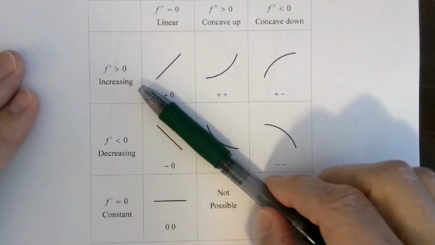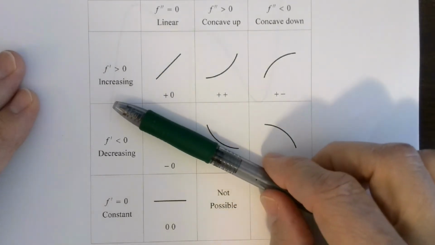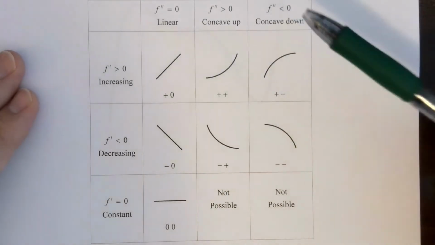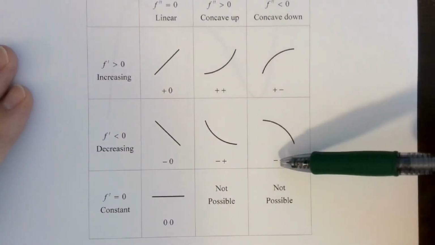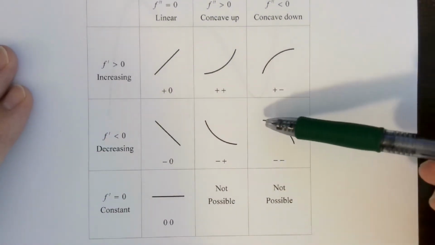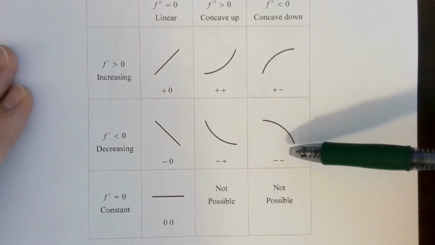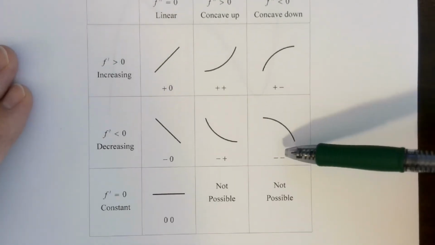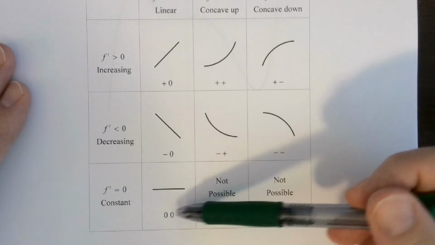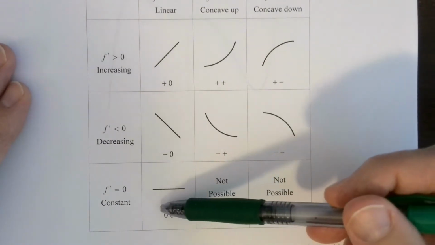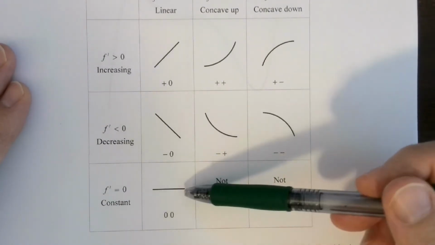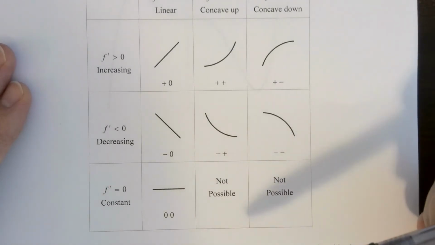Less negative. It's getting closer to 0. So in that sense, the derivative is increasing. And then minus minus, both the first and second derivative being negative, means we're decreasing and concave down. We have this shape. I also include the double 0 connotation. If both the first and second derivative are 0, then we are just a horizontal line.